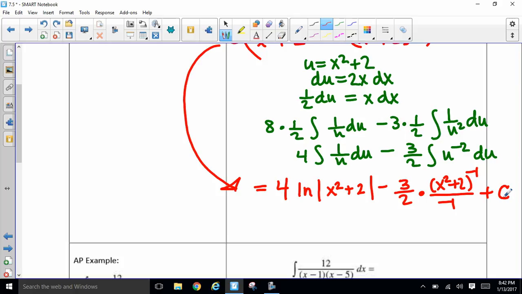And then going to clean everything up, the natural log doesn't need absolute values anymore because the squared's already positive and you're adding to it. Going ahead and looking at this, you have a double negative and fixing your negative exponent. So final answer, you would probably see 4 natural log of parentheses x squared plus 2 plus 3 over 2 times the quantity x squared plus 2 plus c.